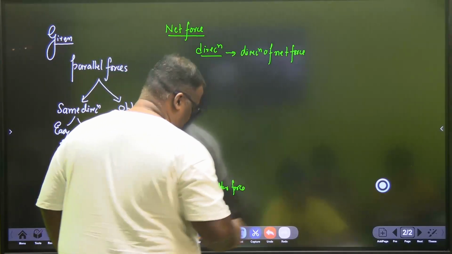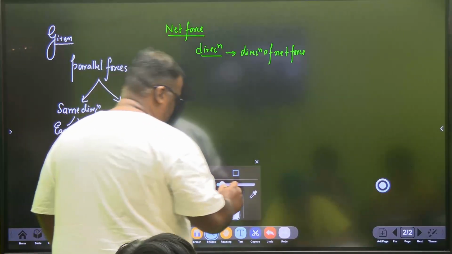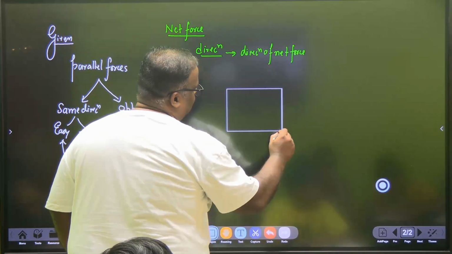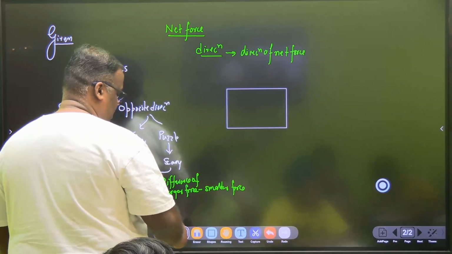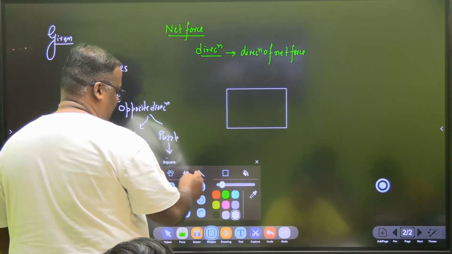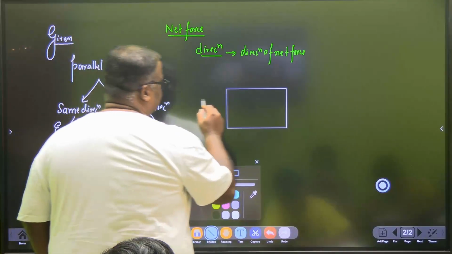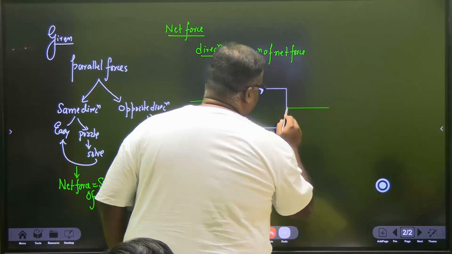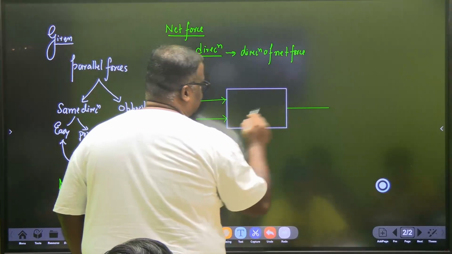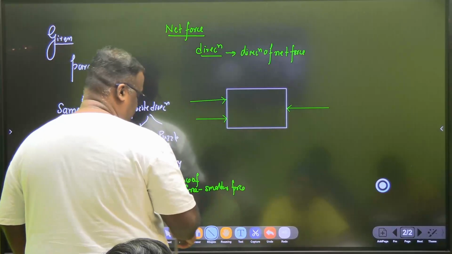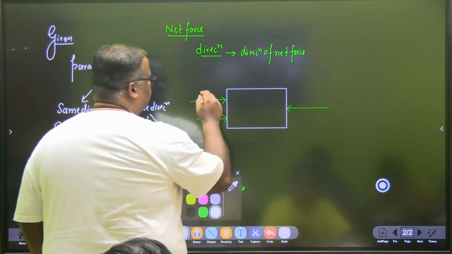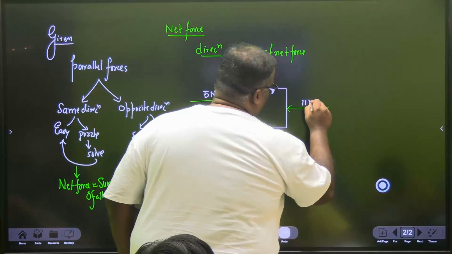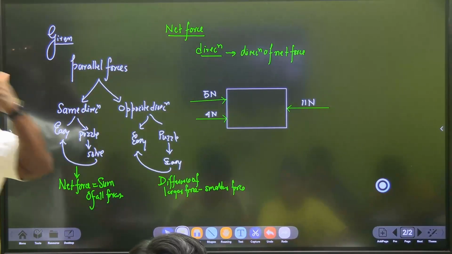Now let's see one more scenario. Let's make it a little more complex. Let's see this: 5 Newton, 4 Newton.